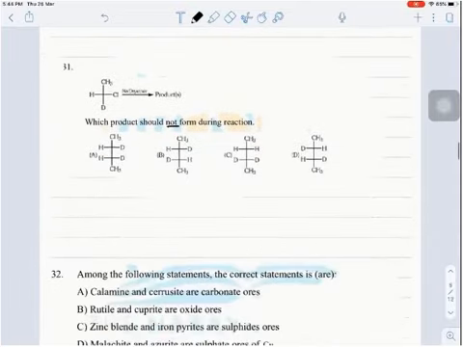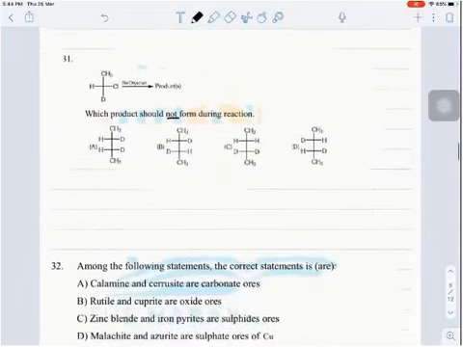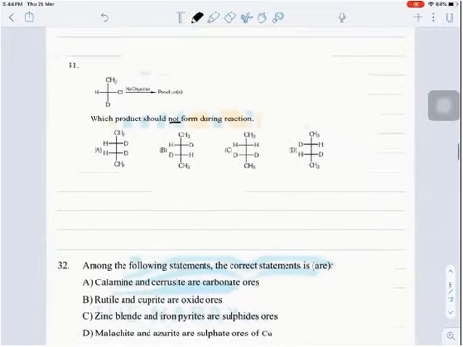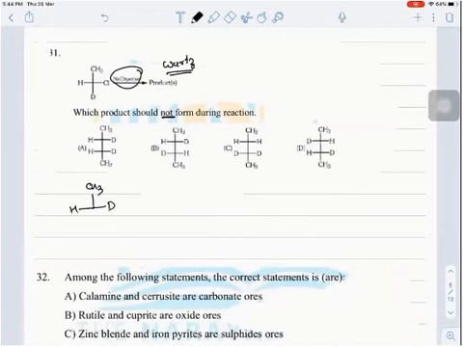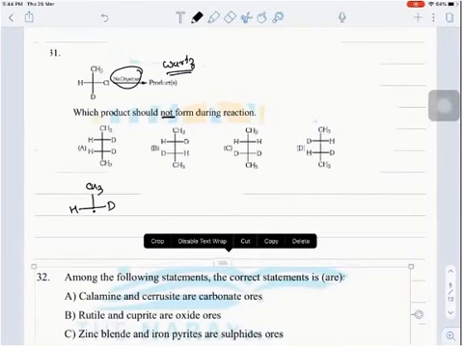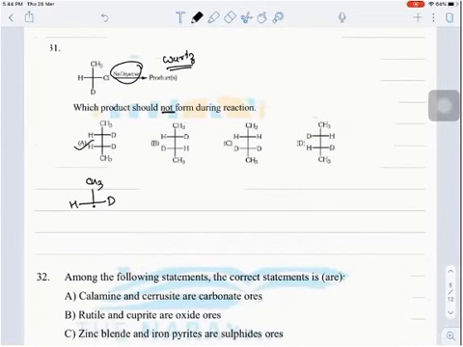Next, question number 31. There is an alkyl chloride which is reacted with sodium in dry ether, which is Wurtz reaction. In this reaction, we can assume radical formation, CH3 and CH2D. The different products possible on combination of these radicals: two radicals combine to give product A. Here radical flipping is possible during the combination, so B is also possible.